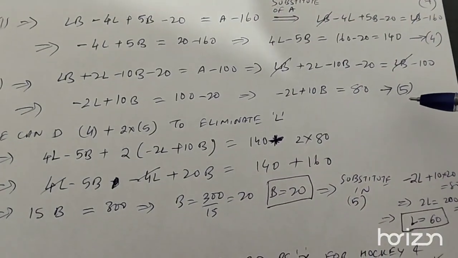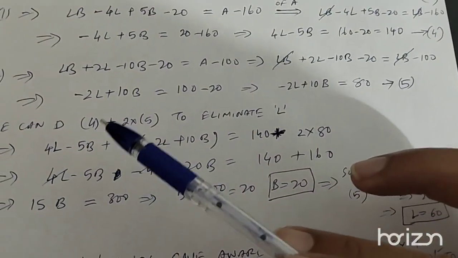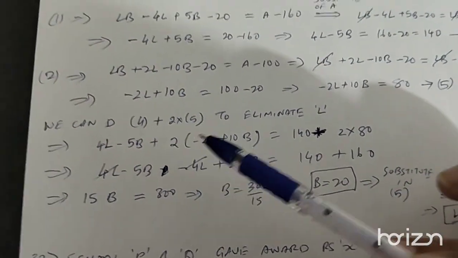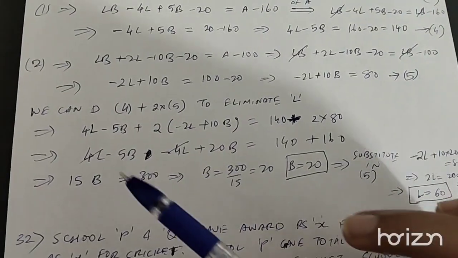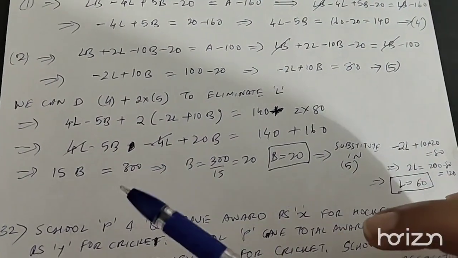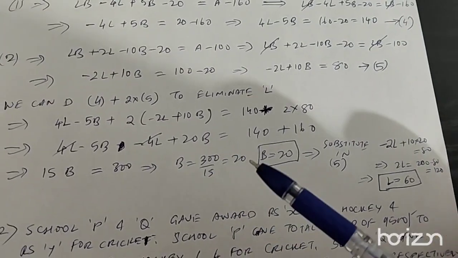Now you can solve this by elimination, because here you have 4L and here you have 2L. If you multiply equation 5 by 2 and add it to equation 4, L gets eliminated. You will get 15B is equal to 300. So B is equal to 300 by 15, which is 20.